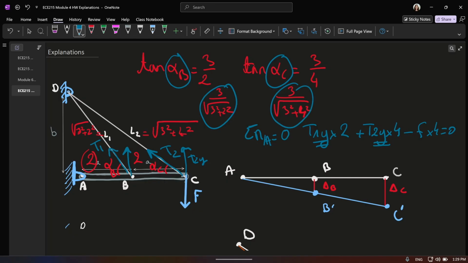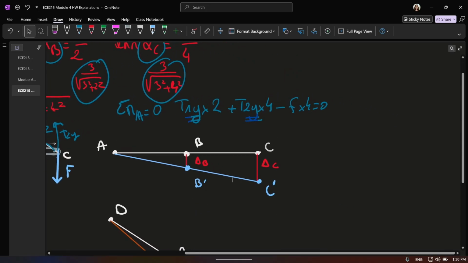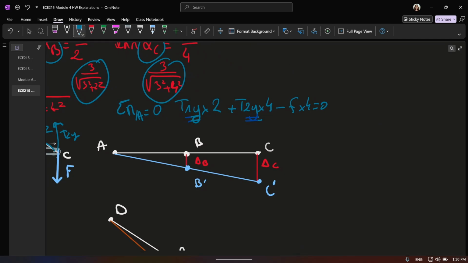You have this equation. Now what we have is two unknowns, T1 and T2, and just one equation. So for the second equation, we will use the deformation of the two cables. The formula for the elongation, with the little delta, is delta equal F times L0 divided by the area times the Young modulus.